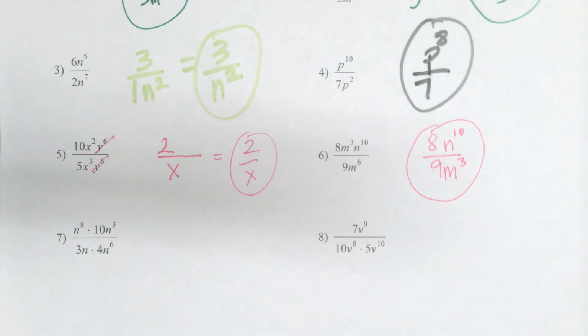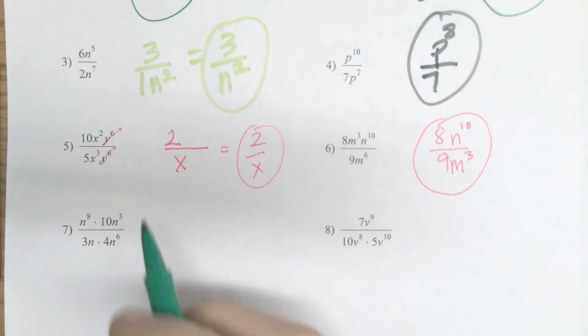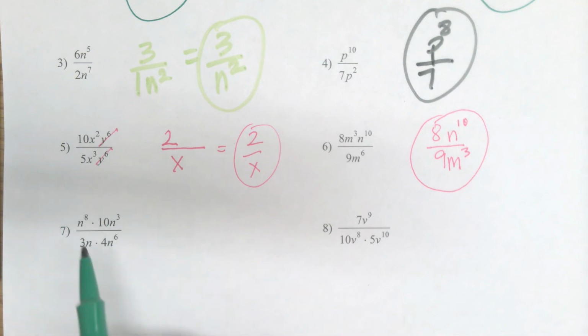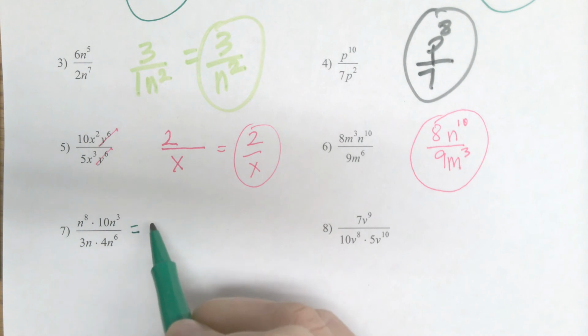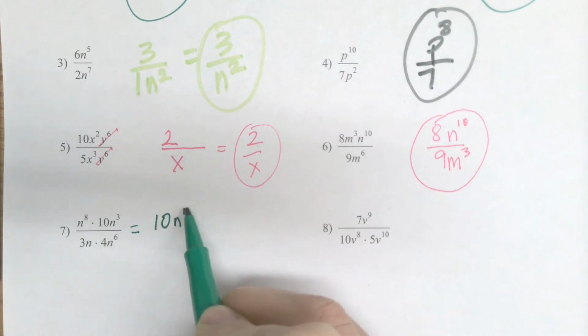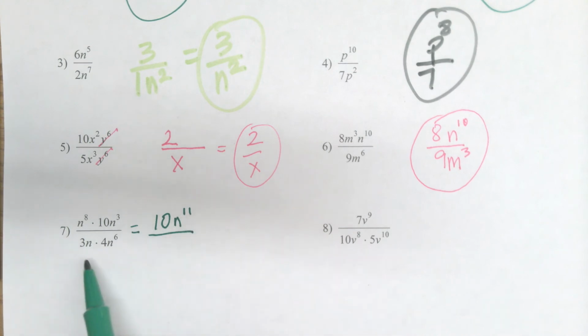If I have multiple numbers, I'm still going to, like we did before, if I have situations where I can combine, I have n to the 8th and n to the 3rd, well, that's like my last week's stuff. I'm going to add those powers together, and on the bottom I'll do the same thing.